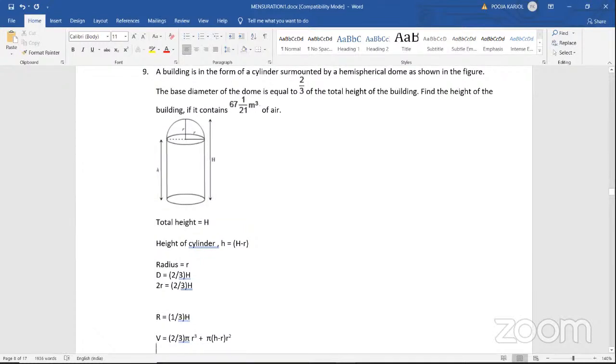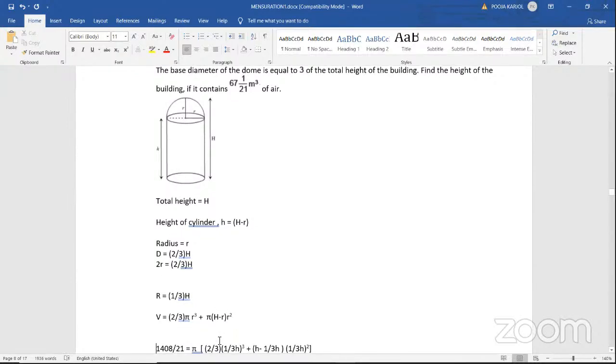The formula: volume is equal to the volume of the hemisphere plus the volume of the cylinder. Volume of the hemisphere is what? 2 by 3 pi r cube plus the cylinder's volume, pi r square h. So pi into r square into h, I've written it as capital H minus r.